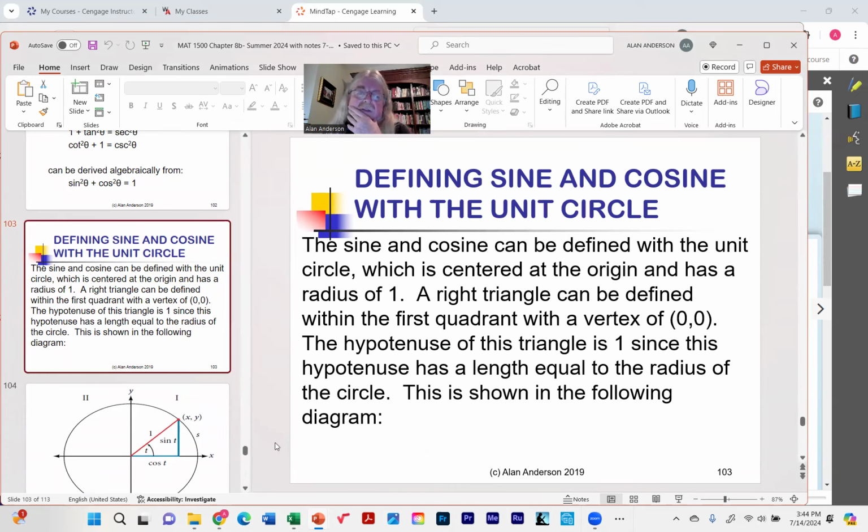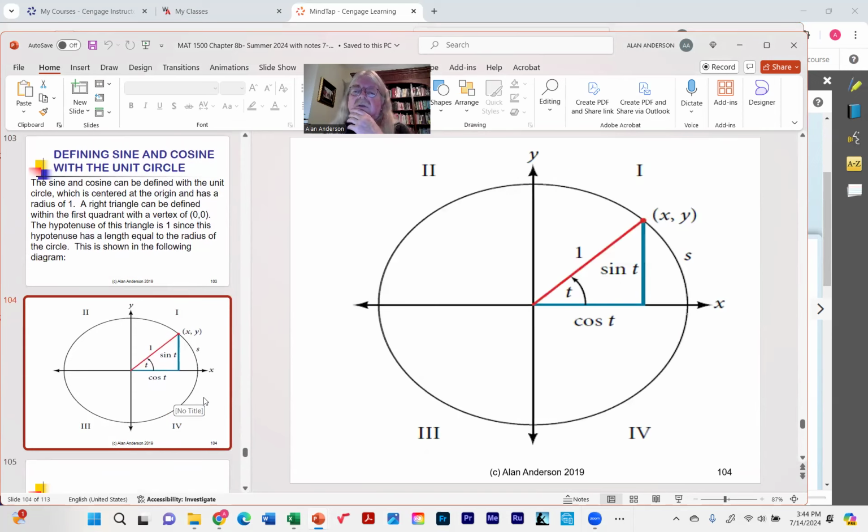well, for one thing, it turns out that you can actually solve for the sine or cosine of any angle by using what's called a unit circle. Now, this is a circle whose radius is 1 and who's centered at the origin. And so if we define a right triangle here, you'll notice something interesting.